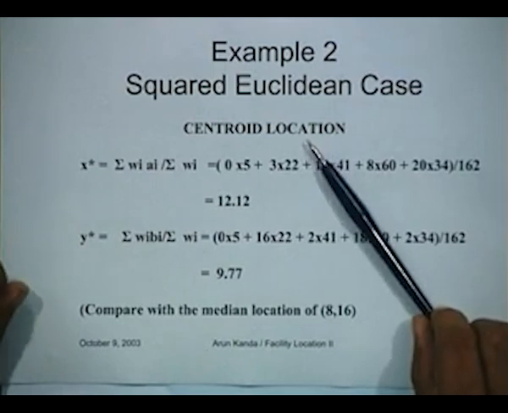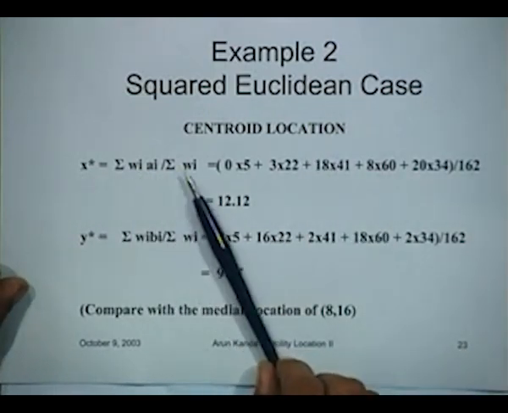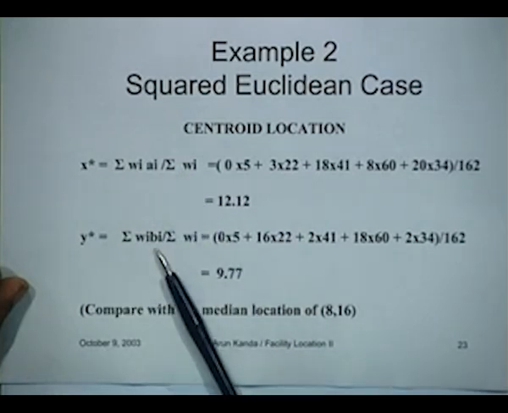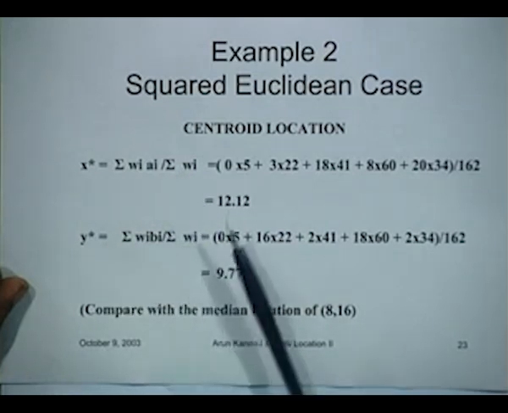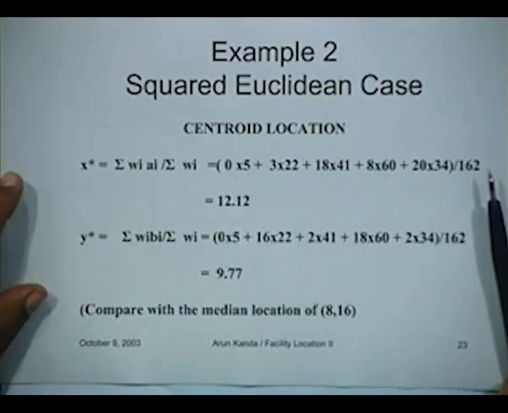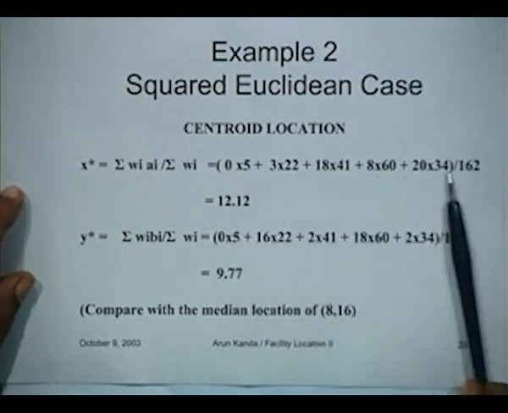So the centroid location for this problem is simply x star equal to summation wi ai divided by summation wi, y star equal to summation wi bi divided by summation wi. For the same problem that we considered earlier for the rectilinear distance case, we can easily determine this.